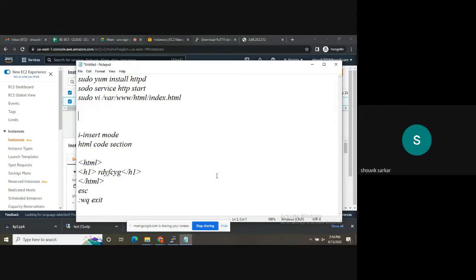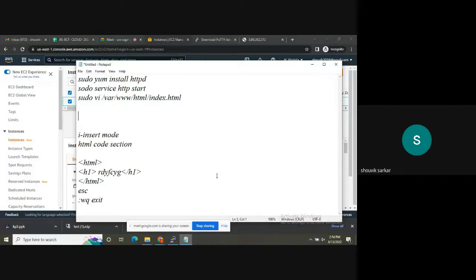The second point is that when we are going to host the website, we have options like this. Index.html. Why index.html? Anyone have an idea why we prefer index.html?